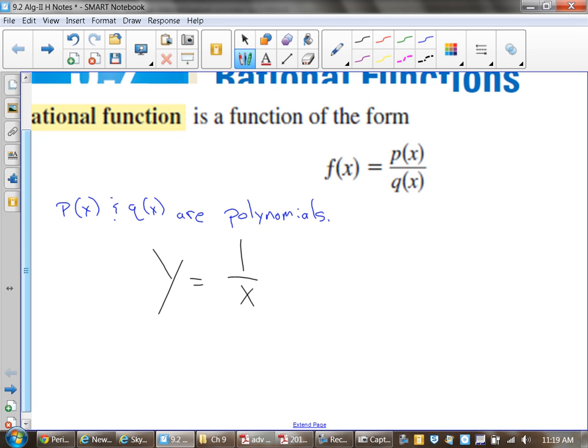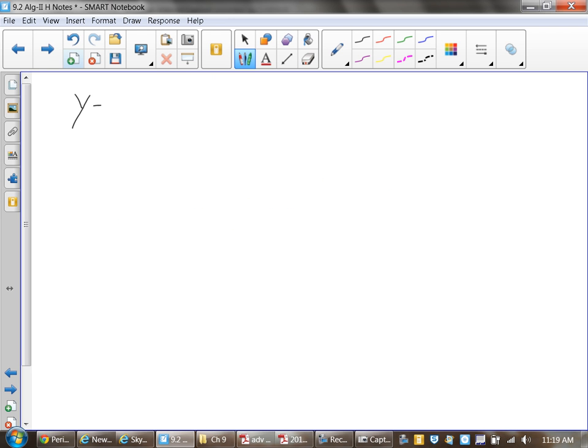So if I look at the graph y equals 1 over x, just to start with, what can't x be? 0. X can't be 0. Do you guys agree?